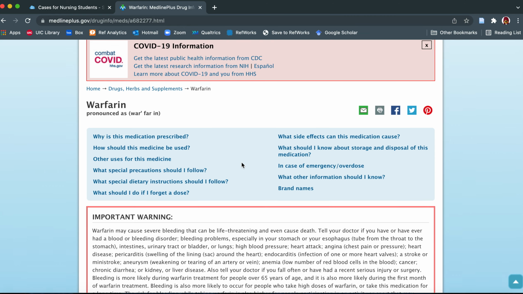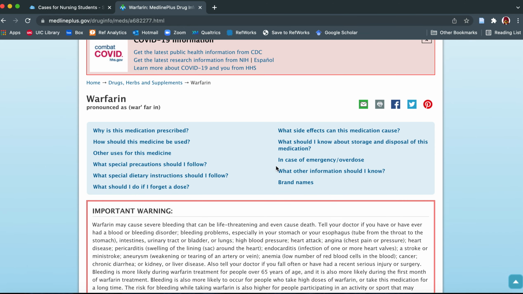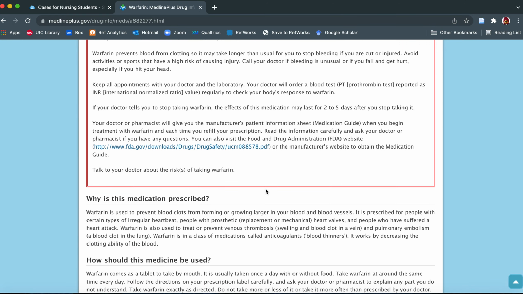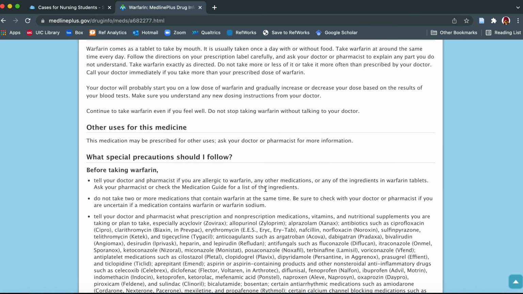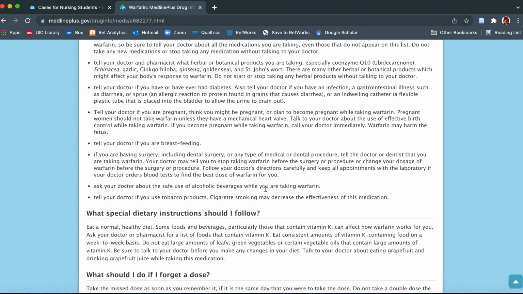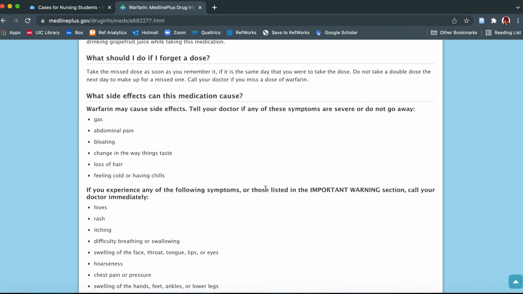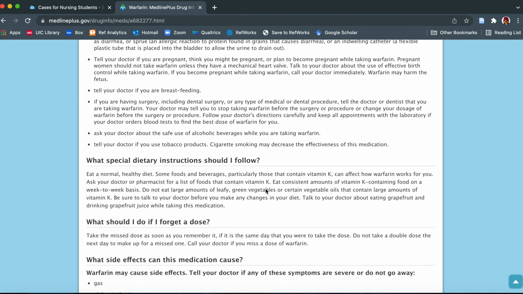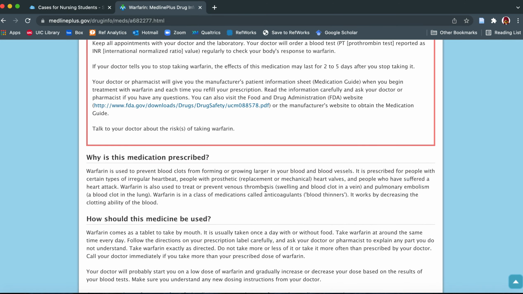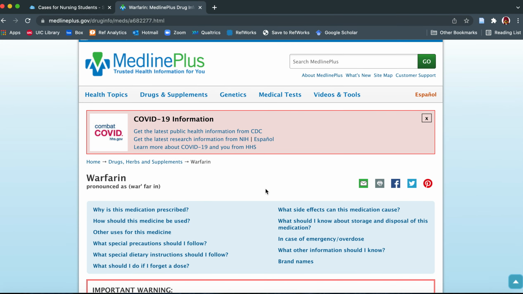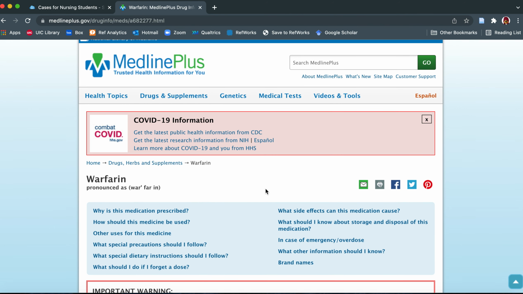It's a lot of information on here, but you can break it down a little bit. We have warnings, why it's prescribed. Now, you don't need to go over all of this with your patient, but it's helpful for your patient to know what it is. You can also point this out to family members, especially if you have older family members who may be on lots of medications and maybe they don't know exactly what they're all for.